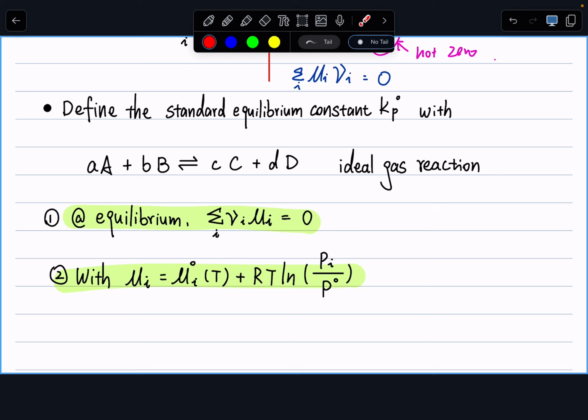And what do we know about the chemical potential of a pure substance? It's only one phase, it's all ideal gases. So what do we know about the nature of the chemical potential of a one substance, one phase item? That equals our molar Gibbs free energy.